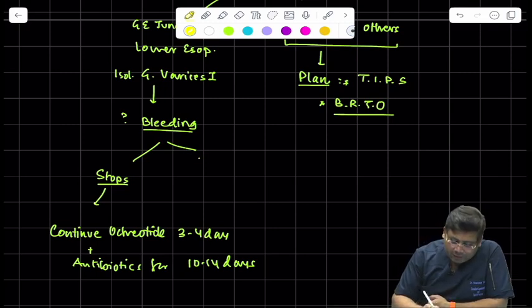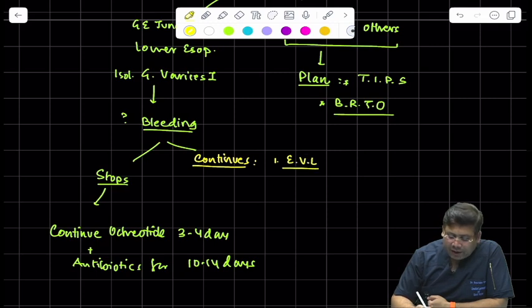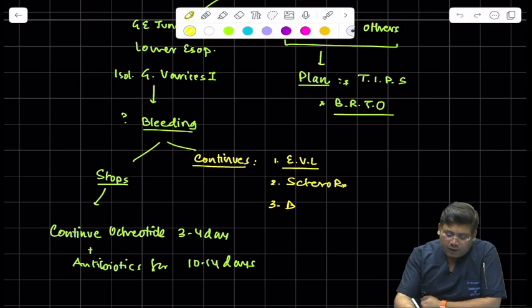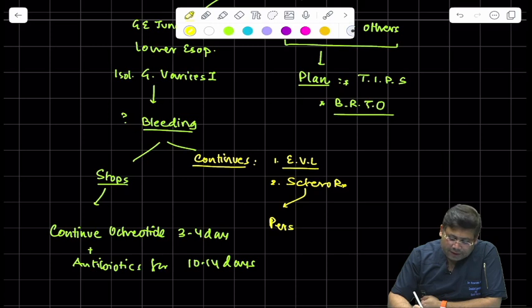Now, next is if the bleeding continues. Bachche, if the bleeding continues, you have options. What are they? The first is EVL, endoscopic variceal ligation, or sclerotherapy, or balloon tamponade. If it persists beyond sclerotherapy, you can plan balloon tamponade.